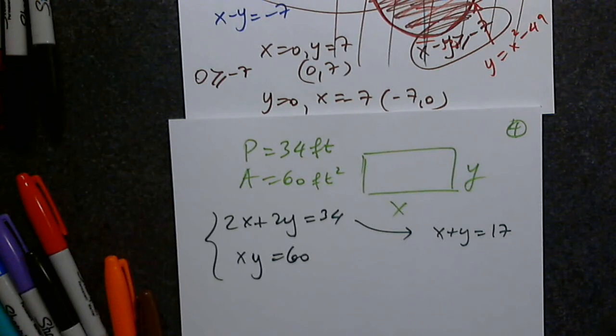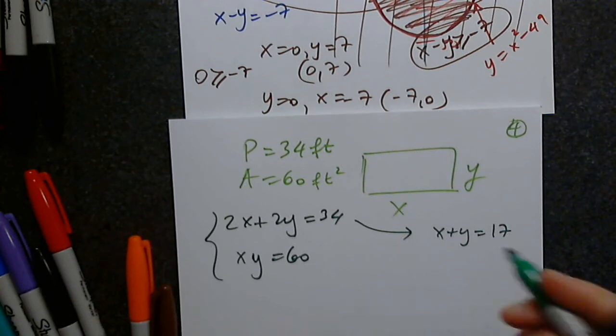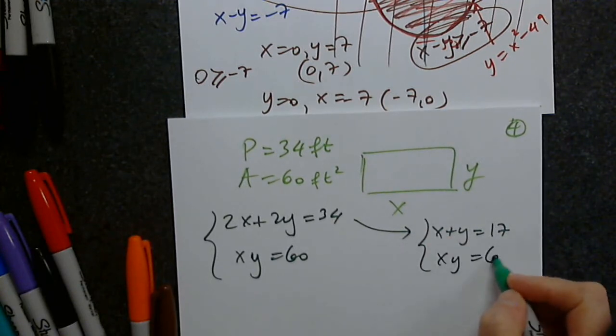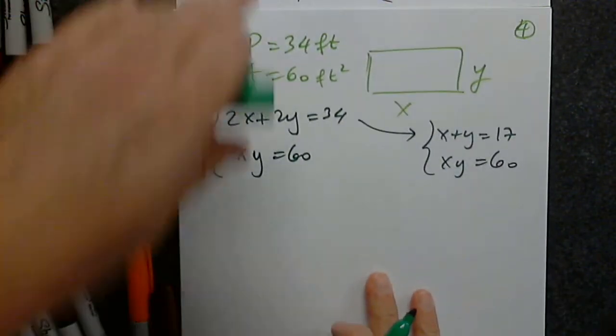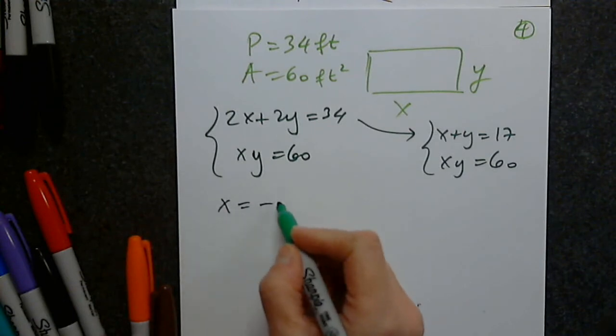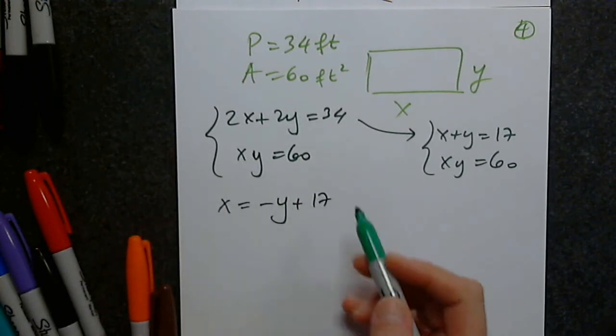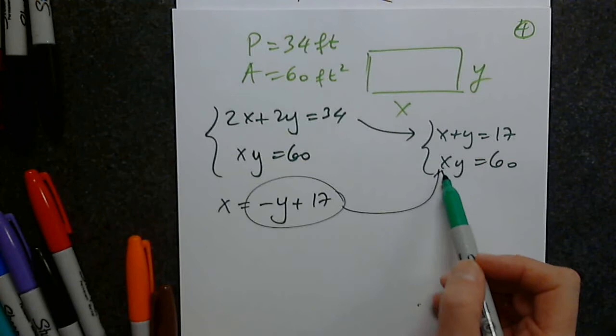I recommend, whatever you want to do of course, but I recommend substituting. So solving the first equation for one or the other, it doesn't matter. So let's say x equals negative y plus 17 and replace it in here.